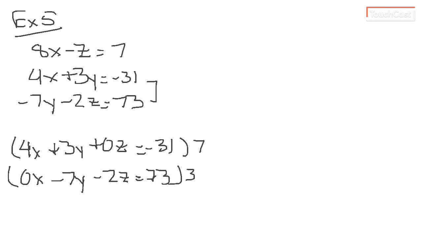So we can rewrite this now as 28x plus 21y plus 0z equals negative 217.